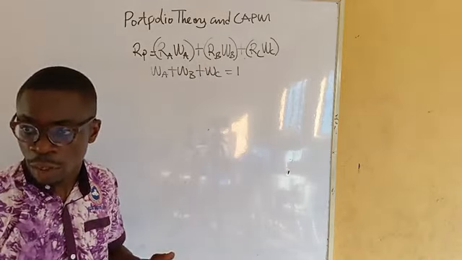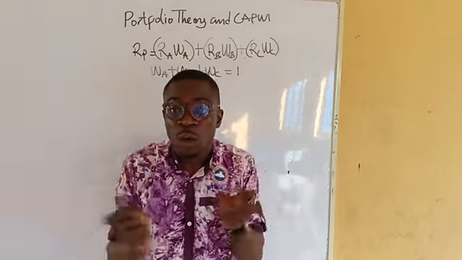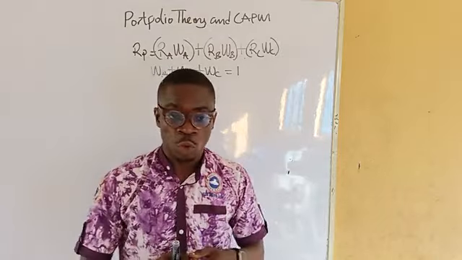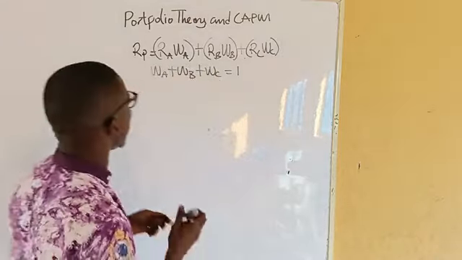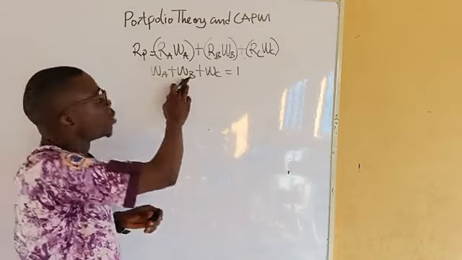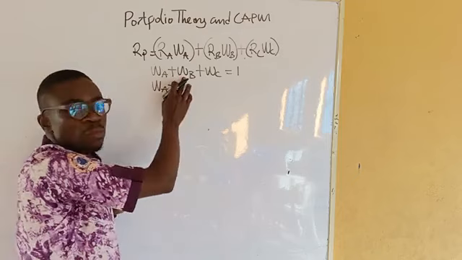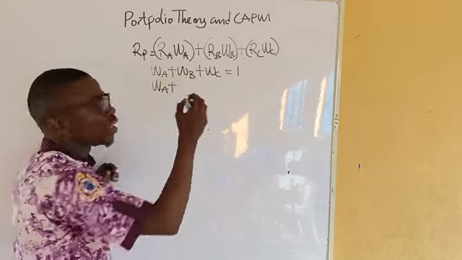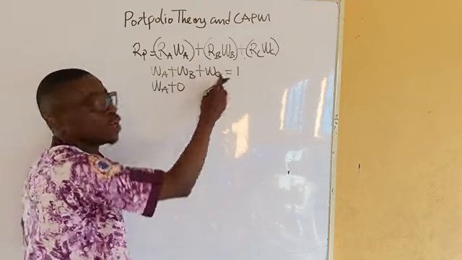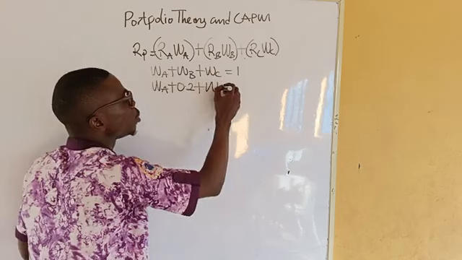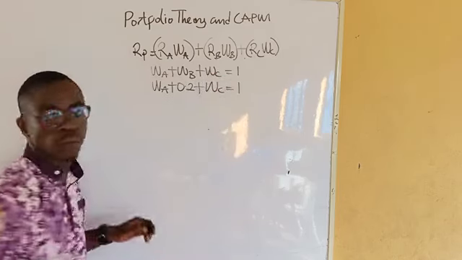Are we together? It will give you the total amount that you want to invest, the total investment. Now look at it now. We know the weight of B. So the weight of A plus the weight of C plus the weight of B, which is 0.2, because we are using 1, is equal to 1.